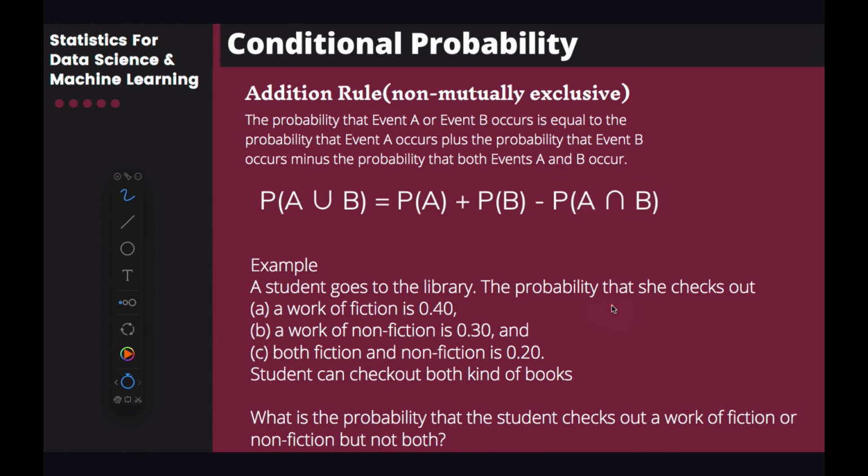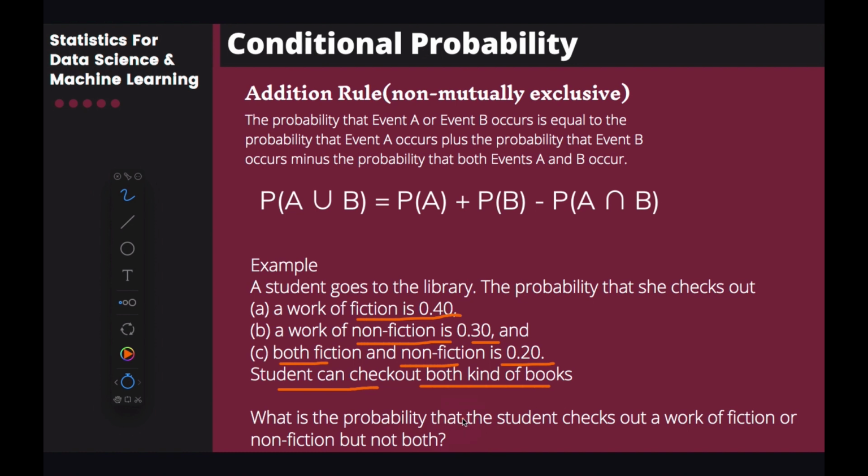All right, let me explain it one more time so that you get an understanding of that. So we say that the student can check out a fiction book and the probability is this. The student can check a non-fiction book, the probability is this. Okay, and the student can also check both fiction and non-fiction book, and the probability of doing that is this. And we have given the student the flexibility to check out both books. All right.